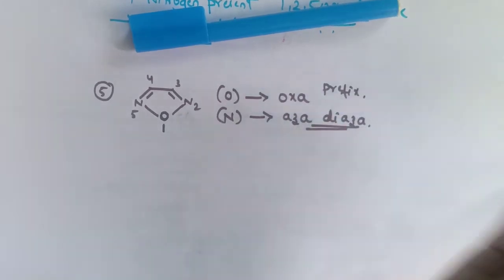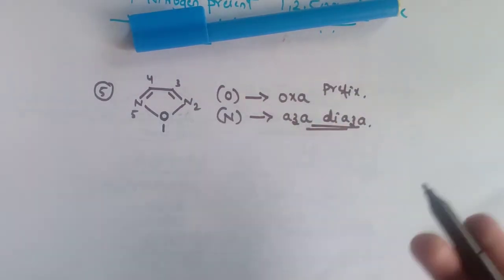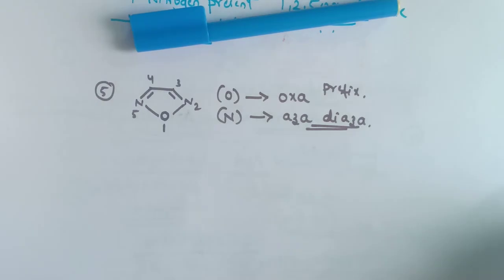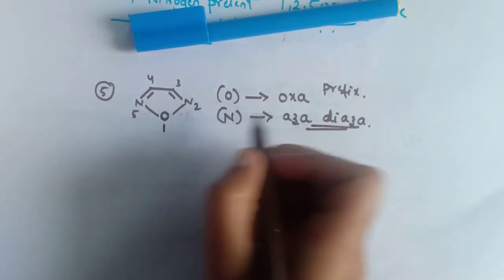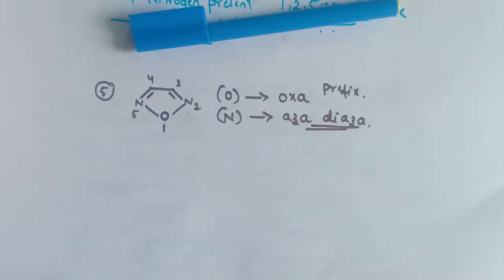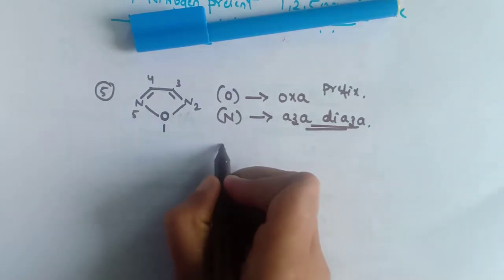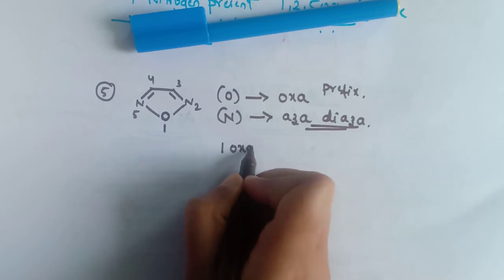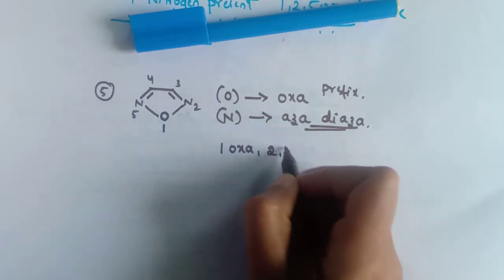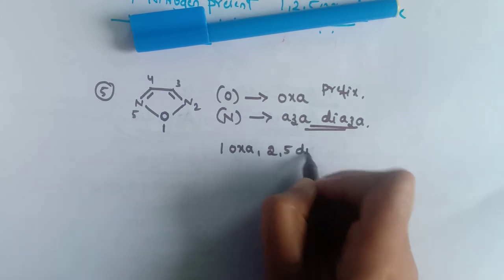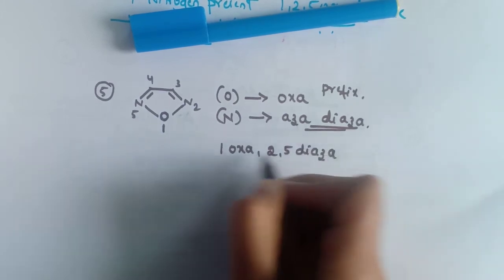Before this, we should mention locants also. The numbering is given like this. Oxygen is present at the first position, so 1 oxa, and in the second and fifth positions the aza group is present, so di-aza. This is the prefix.